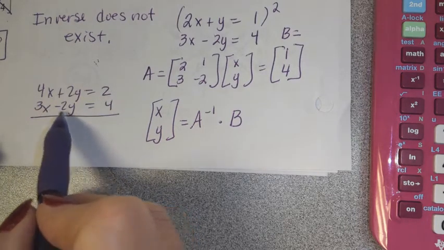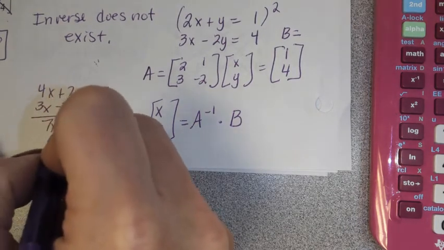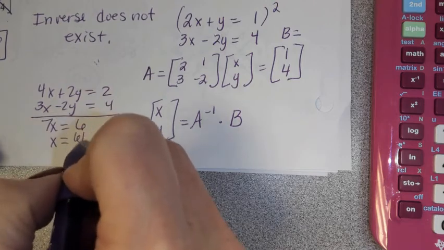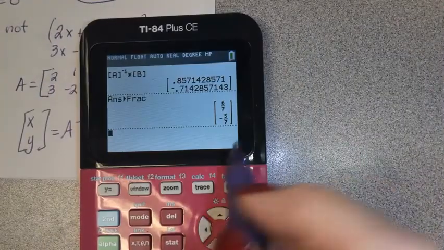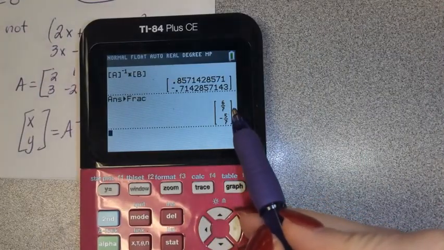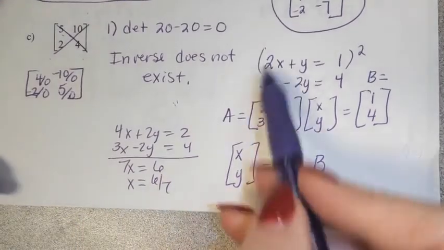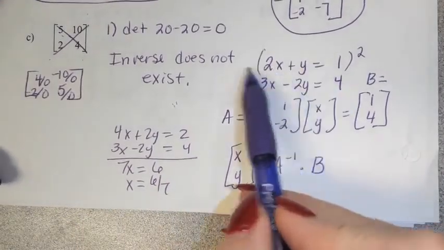So now when I add these two equations together, I'm going to get 7x equals 6, and so x is 6/7. Now look at what we found. See how x is 6/7? So you can see how this could be very helpful if we're trying to solve a system quickly. Now this was an easy system to solve, right? But to find y, I would now have to substitute that back in, and that would get pretty difficult.